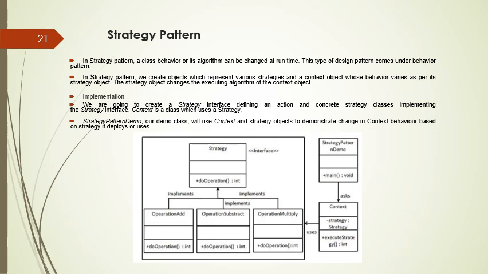We are going to create a strategy interface defining an action and concrete strategy classes implementing the strategy interface. Context is a class which uses a strategy. Strategy pattern demo or demo class will use context and strategy objects to demonstrate change in context behavior based on strategy it deploys or uses.